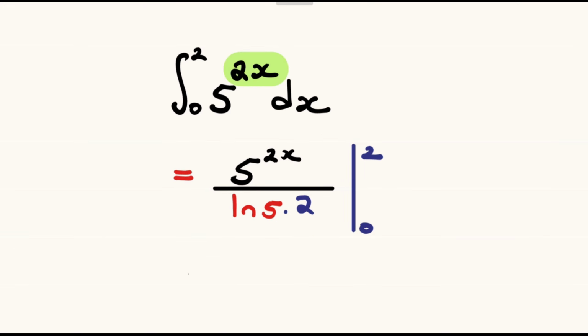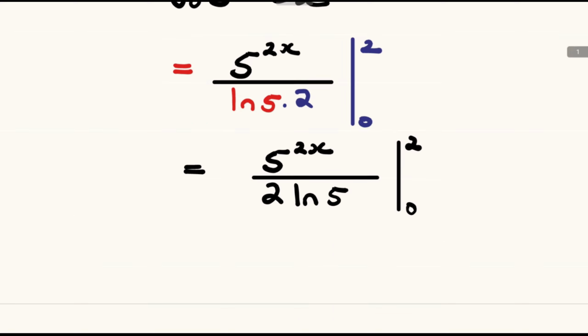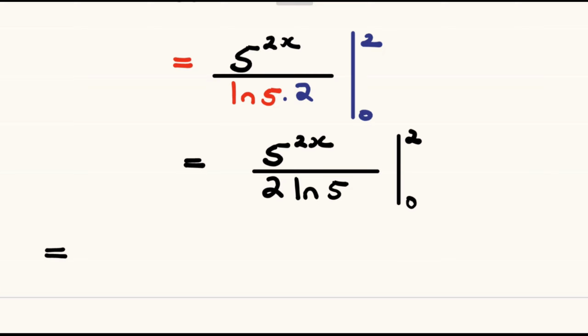Let's rewrite as 5 to the power 2x, and we instead write the 2 first. So we have 2 multiplied by the ln of 5 with our boundaries, the 0 and the 2. Let's substitute. So we start by substituting the bigger number, the 2.